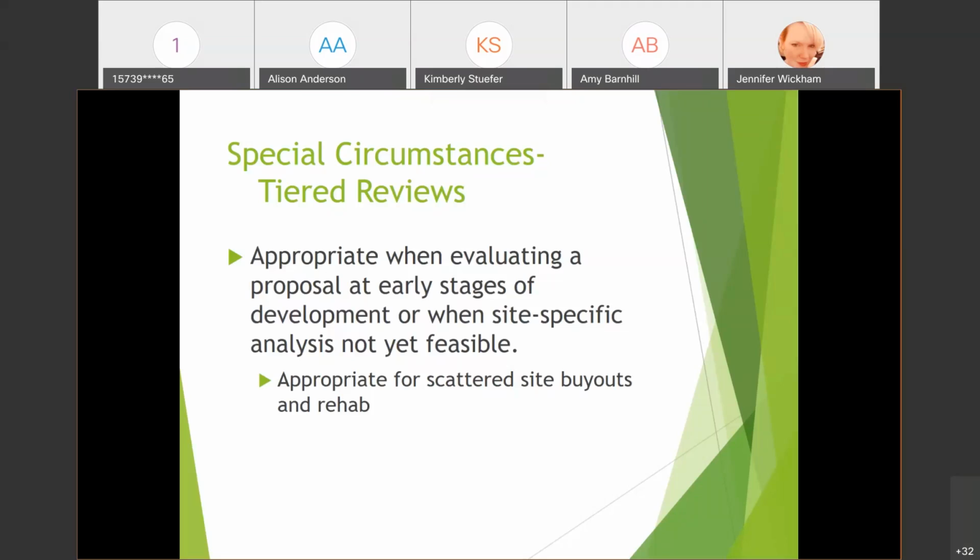Tiered reviews are appropriate, for example, for scattered site buyouts and rehab. A buyout example would be a flood-prone area where it would be ideal to have properties purchased and demolished to get them out of the floodplain. Similarly, with a rehab project, if you had an area that was hit by a tornado, there would need to be rehabilitation. Next slide.